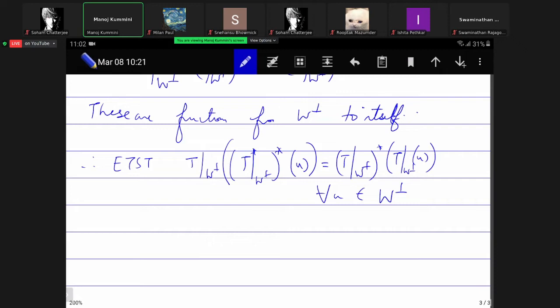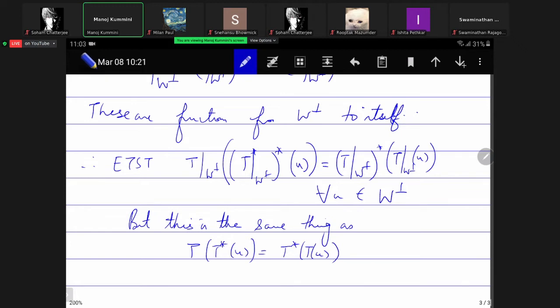But as far as elements of W or W perp are concerned, this is the same thing as T of T star of U equals T star of T of U for all U inside W perp, which holds because it also holds on V, since it holds for all U inside V.